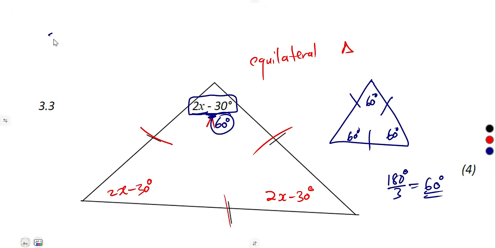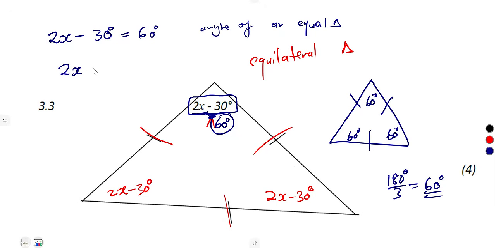So we can form an equation from there. 2x minus 30 degrees, as it is given there, is equal to 60 degrees. That's the angle of an equilateral triangle. In that case, each angle is 60 degrees, each interior angle.